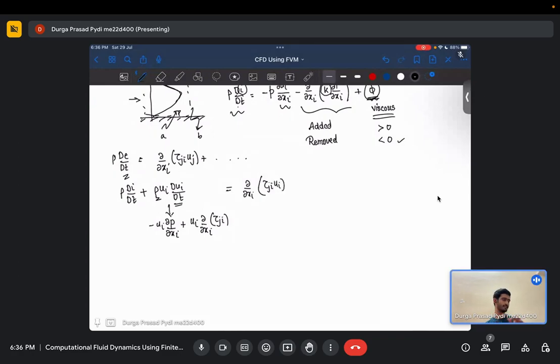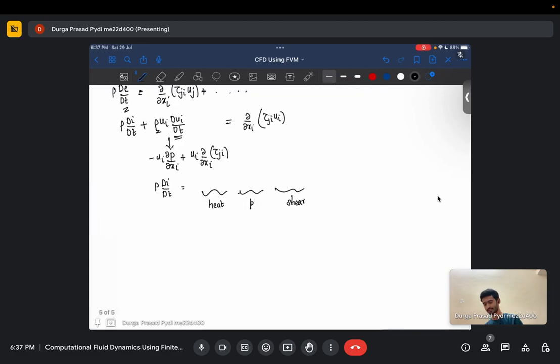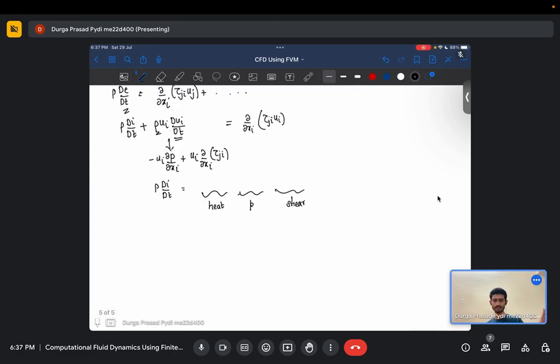If you expand these expressions, and take these to your RHS, then you will eventually come to be rho di/dt. You will have some heat term, some pressure term, like the static pressure term, and some shear term. And this shear term is what contributes to your viscous stress. So I will be just focusing on the shear term.